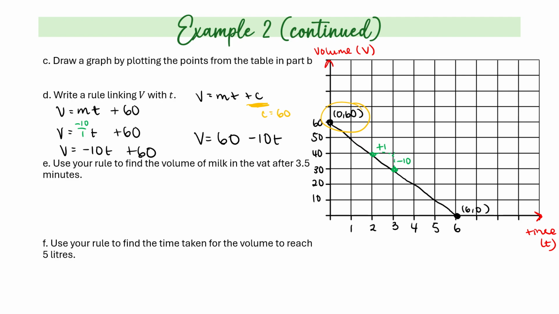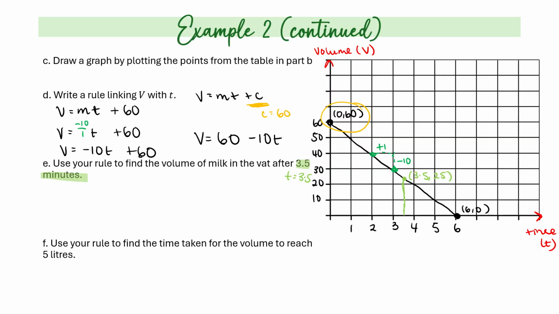Now we can use our rule to answer any following questions, okay? If I want to find the volume of milk in the vat after, let's say, 3.5 minutes, well, that's when t is equal to 3.5, okay? If I had a look at that on my graph, I could see that we're going to hit 25, right?